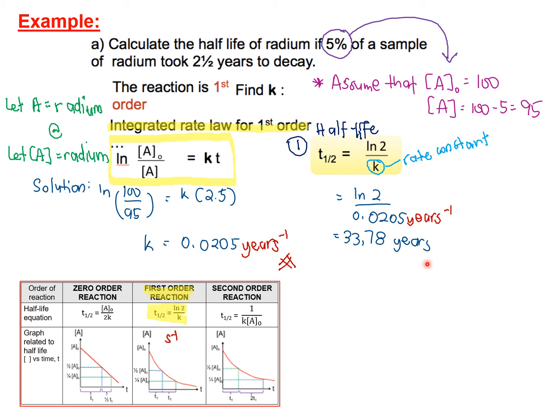Lagipun unit time kan takkanlah macam time you per second pula. Therefore your T half, T half tu half-life is gonna be 33.78 years.